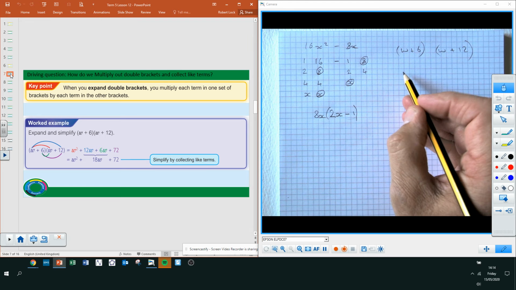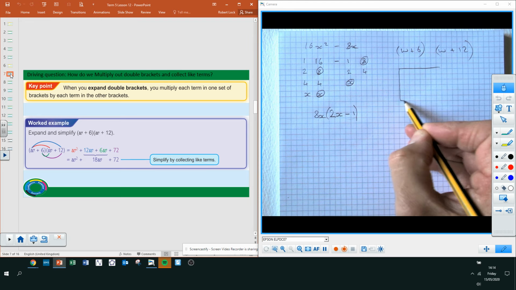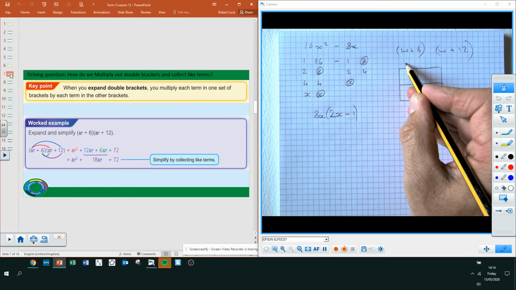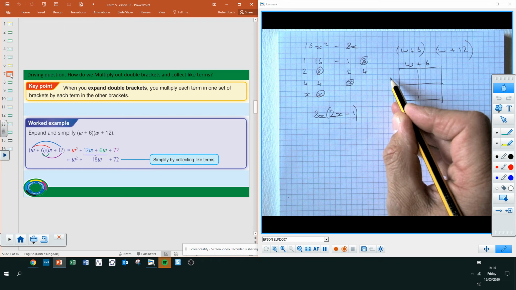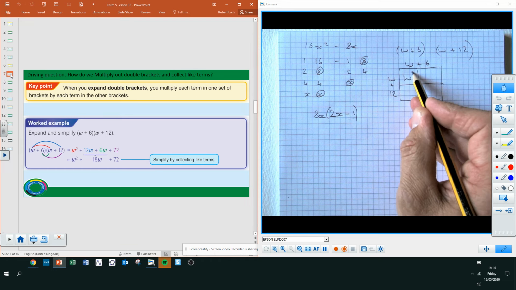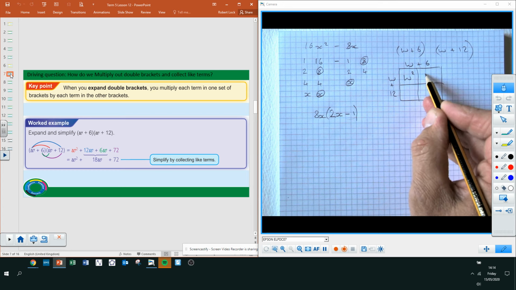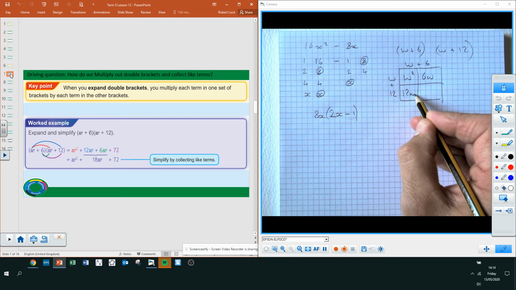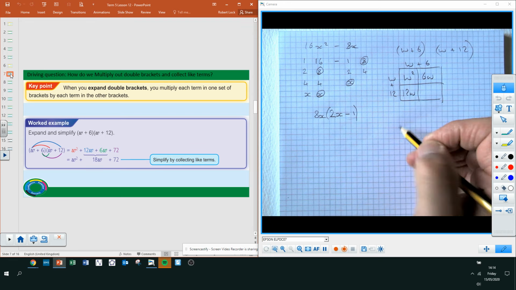From the previous video, we did multiplying out using the area method. So w plus 6 and w plus 12. w times w is w squared. w times 6 is 6w. w times 12 is 12w.